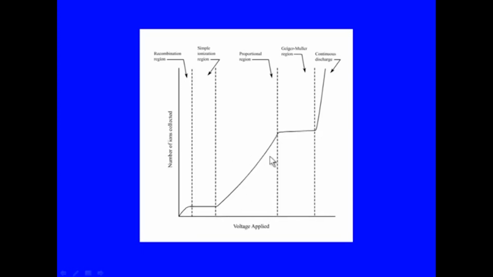So, this is the proportional region, where there is a direct proportional relationship between the number of ions collected and the voltage applied. Then you get another plateau, called the GM plateau or Geiger-Müller plateau. In this GM region, as you increase the voltage, there is no change in the number of ions collected, so it is independent of the voltage.